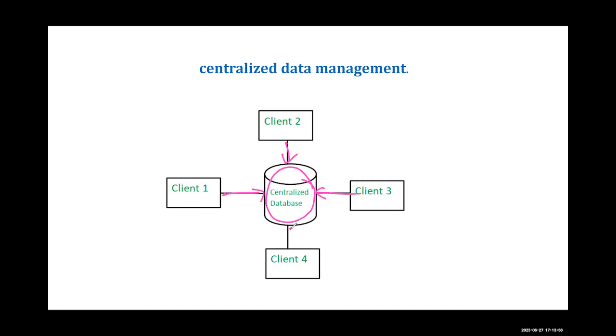When multiple people are able to access the database simultaneously, it gives us a lot of advantages, right? So data is stored at a central location and is shared among multiple users. When I say centralized data management, it allows multiple users to access the data at the same time. This is a very big feature compared to our normal file based approach.